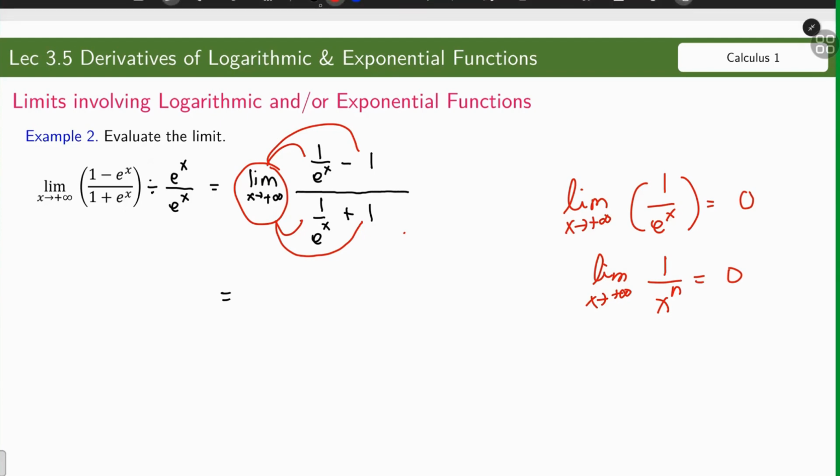Okay, now, we have here 0 minus 1 all over 0 plus 1. We have negative 1 as the limit. If you want to verify the answer, you may look up the graph of 1 minus e raised to x all over 1 plus e raised to x. So that you can see that it is approaching negative 1 as x approaches infinity.